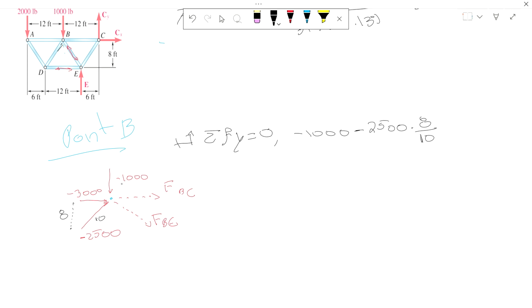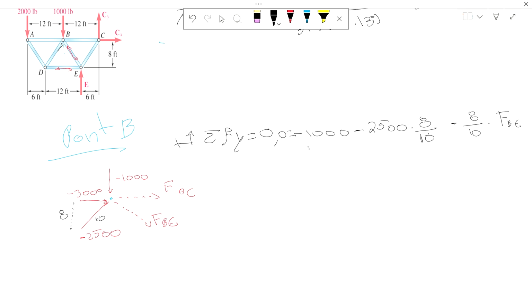So we have negative 1,000, negative 2,500 times sine of 53.13, which is the same as 8 divided by 10, and the force of B to E, which is the one that we're finding. B to C and negative 3,000 are in X. We'll take care of that in a minute. And this one is also minus 8 divided by 10 times force B to E.